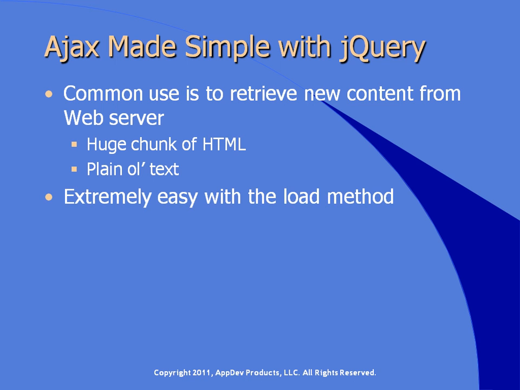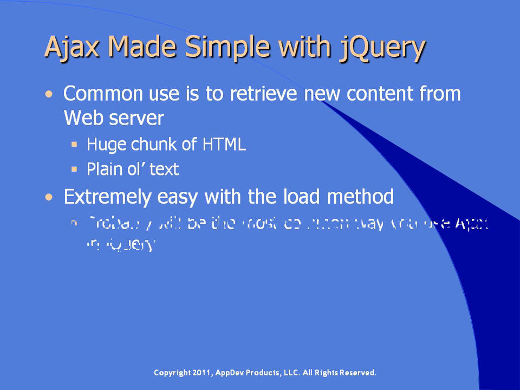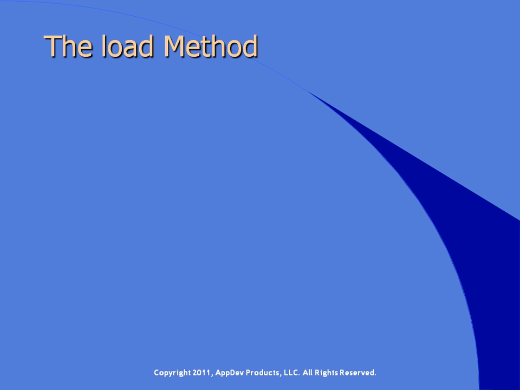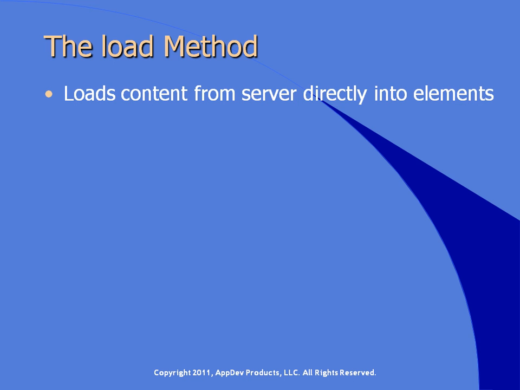This sort of operation is extremely easy using the jQuery load method, which makes using AJAX just about as easy as it gets. There's an excellent chance that this will become the technique you use most often to use AJAX to update the content of a page. So let's talk about this very special method. The load method loads content from the web server and directly updates all elements in the match set with that refreshed content.